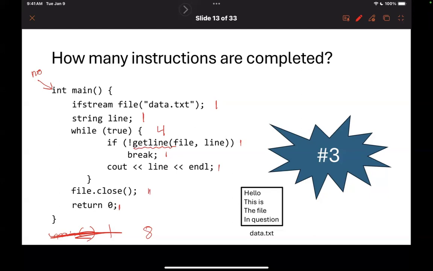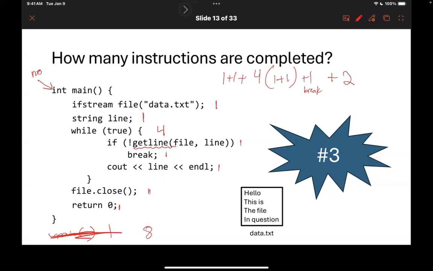So we have 1 plus 1 plus 4 times, so we're going to compute that and assume that we're not done yet. And then we print things. So 1 plus 1. We do 2 things until the last time around. And that's the break. Takes us out of the loop. And then we close the file and return 0.